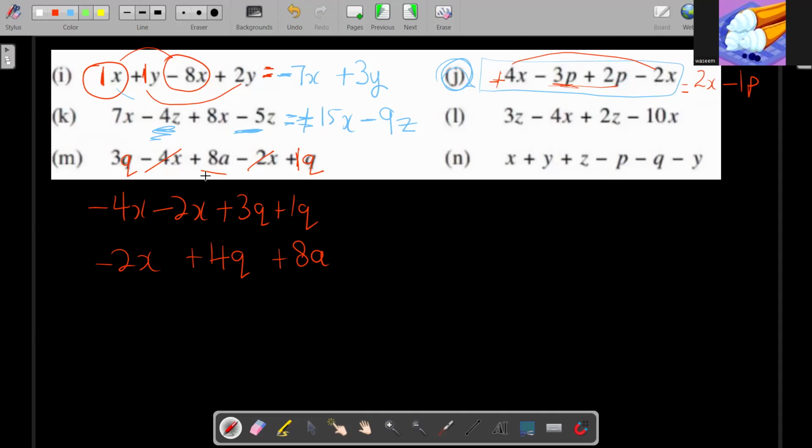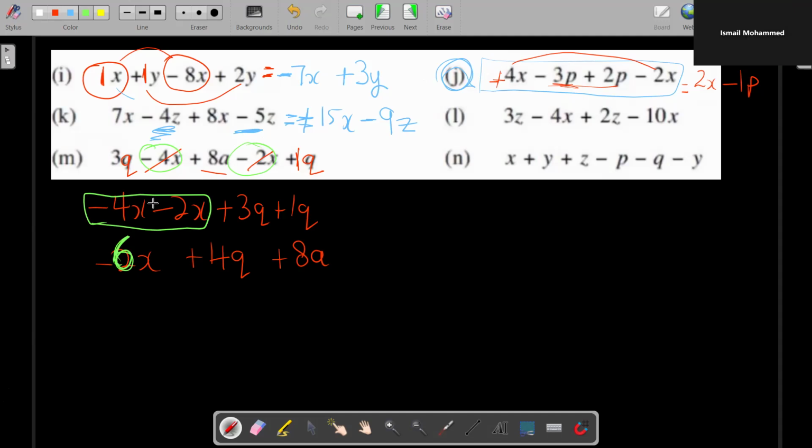No, the question has a negative 2x here and a negative 4x here. So it's negative 6x here, same signs, keep the sign. Right, Ismail? I feel you had a mistake when you were writing the question.